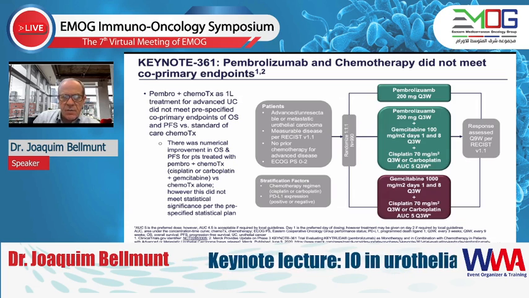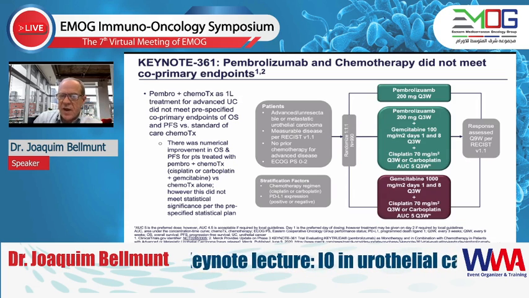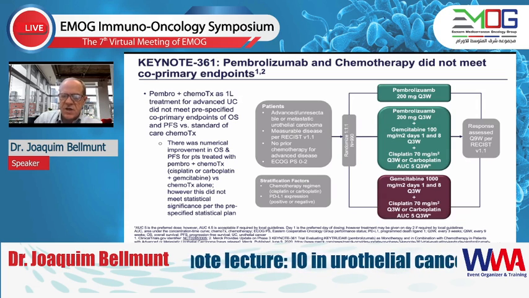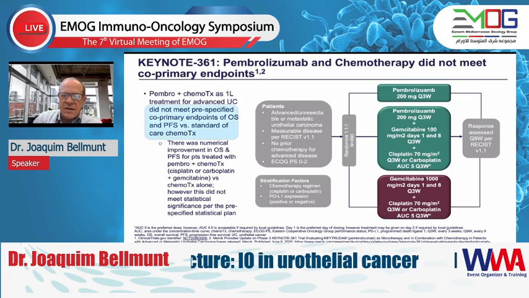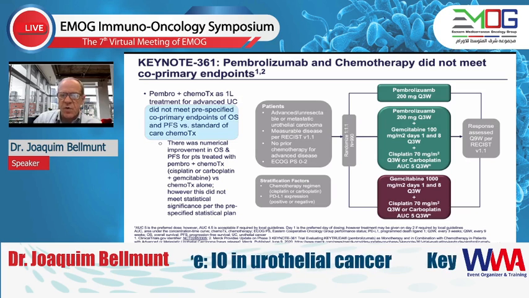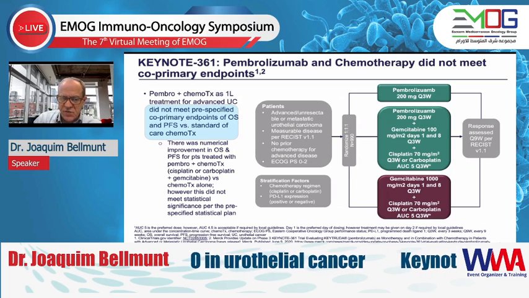And here, what we saw for this trial that has not yet been published, the results that were presented at ESMO, showing that this trial didn't meet the pre-specified endpoint of overall survival or progression-free survival.